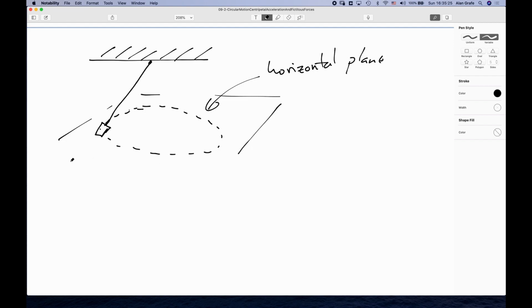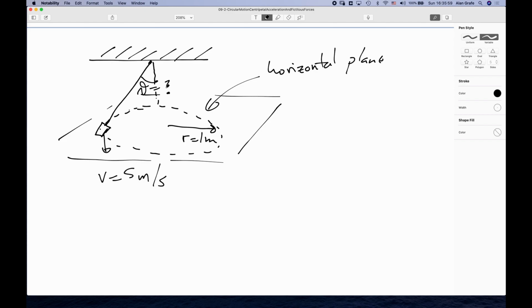So this isn't an actual surface. I'm just trying to show that that's sitting in a horizontal plane. All right. Let's say the radius of our orbit is 1 meter. And let's say that our stopper is moving at 5 meters per second. What I would like to know is what is the angle with respect to the vertical that the string is hanging at.